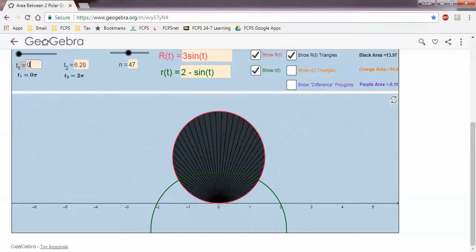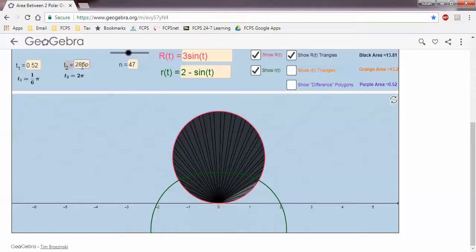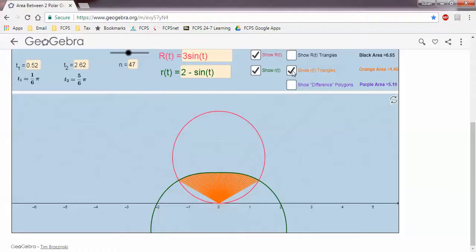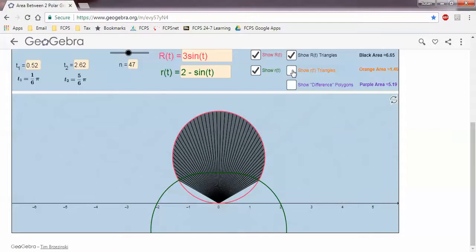I'm going from pi over 6 to 5 pi over 6. If I find the area of the circle, that gives me all of this area, but it includes this part, because remember, it's area of a sector, so you have to go from the pole out. Then we subtract that little part down there, and if we take this part and subtract that part, we're just left with this, right?